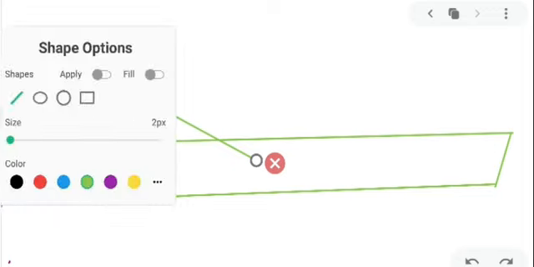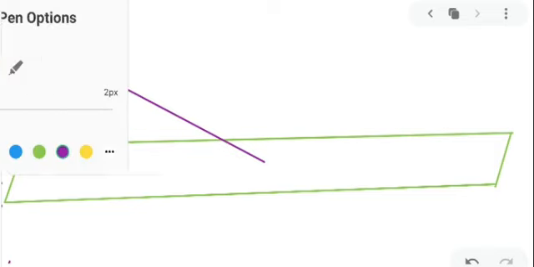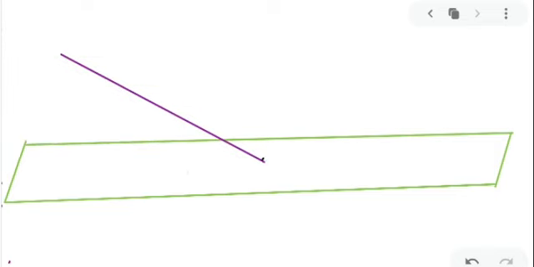So let me sketch back. This was the plane of incidence, and suppose there was an incoming light ray, and let me use a different color, purple would be fine. The light ray was incident on the plane at this point, marked black, which is your point of incidence.